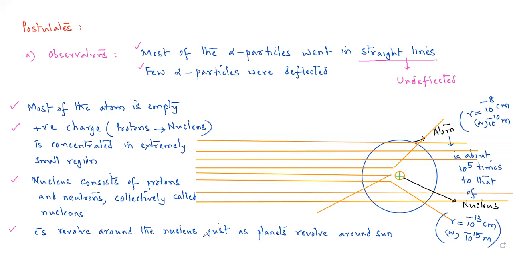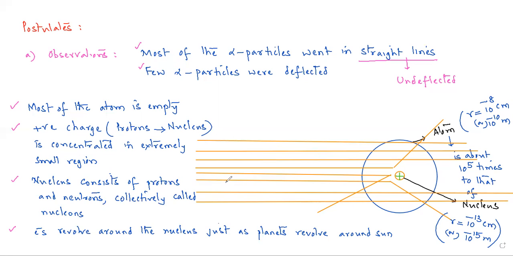Just as the planets revolve around the sun, electrons revolve around the nucleus. So this model is also called planetary model. In this, of course, the nucleus plays the role of the sun and the electrons are planets.